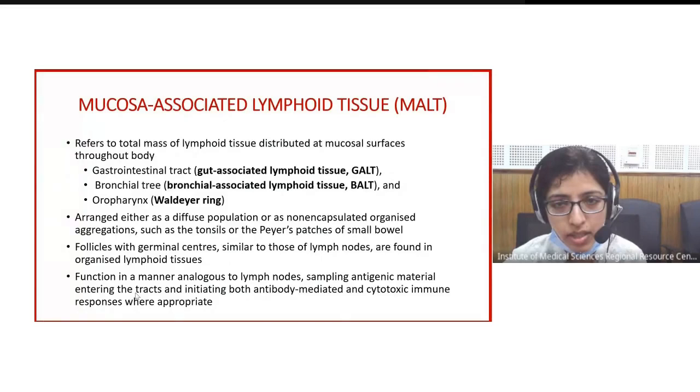Whenever there is immune activation, there is inflammation, and this inflammation has a damaging effect on the normal tissue as well. Once the function of the immune system is over, it must be suppressed, it must be inhibited, so that subsequently the healing process can take place and homeostasis is restored.